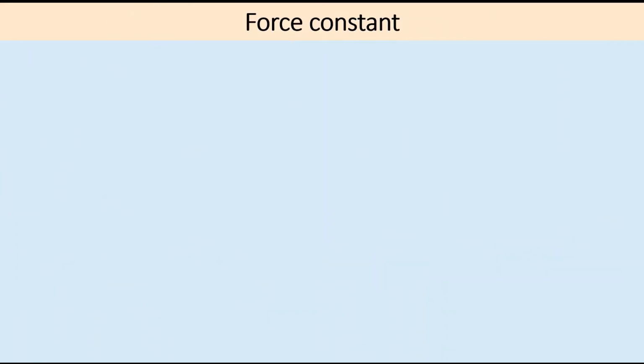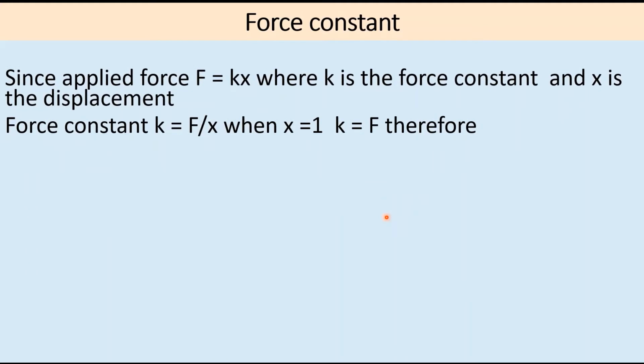Now let us discuss more about this force constant. Applied force F is equal to Kx, because the restoring force is equal and opposite to the applied force. Restoring force F is equal to minus Kx, so the applied force F is equal to K into X, where K is the force constant and X is the displacement.